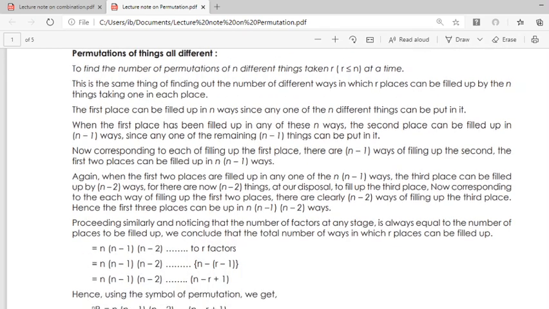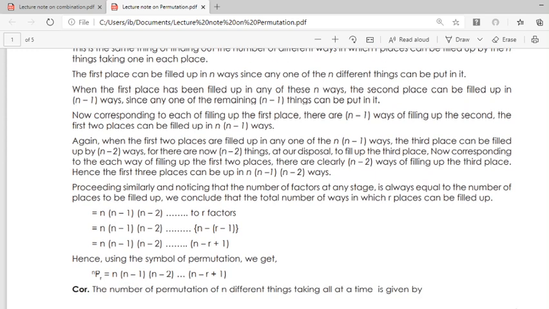Now, when we talk about permutations of things all different, this is like finding out the number of different ways in which r places can be filled by n things taking one at a time.